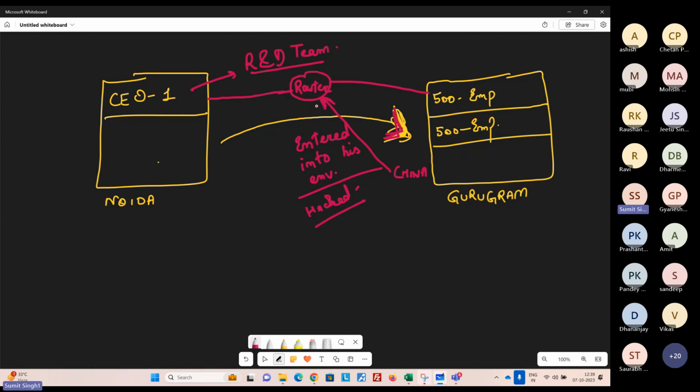So he again went to his R&D team. He said, hey guys, we are in trouble, we are completely exposed. We need to come up with something that could not only send my traffic from one end to another, but do the same in a secured manner. So his R&D team did some R&D and came up with the firewall.